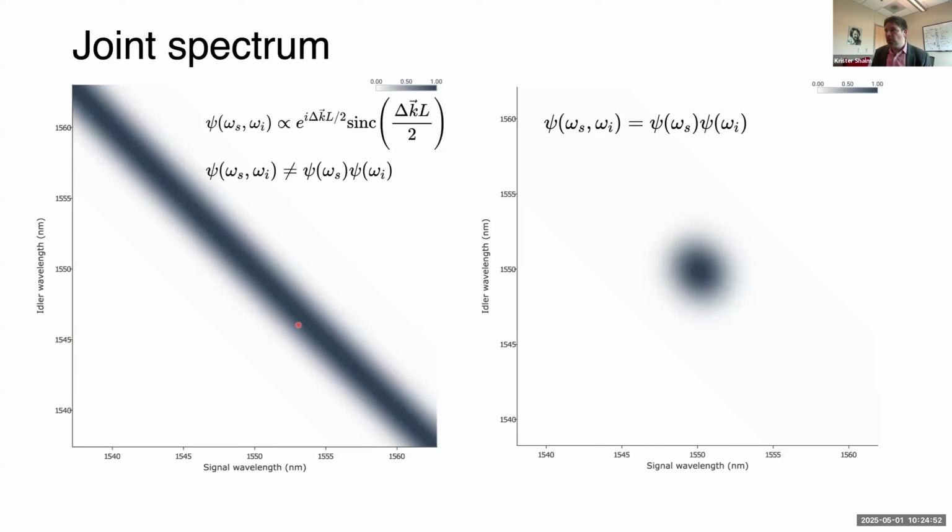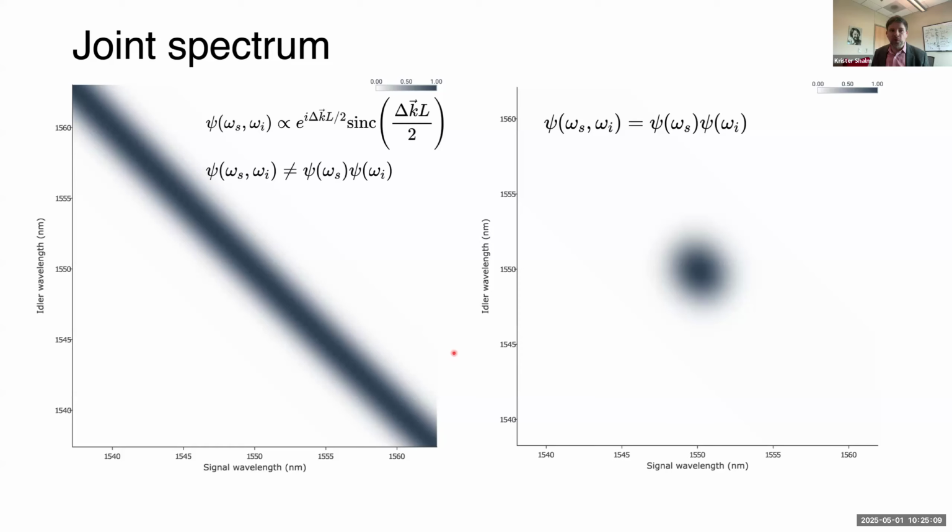You get this kind of mixture. What you really want is a source that is unentangled and separable, so that if I measure the signal, I have no idea what the idler wavelength is.